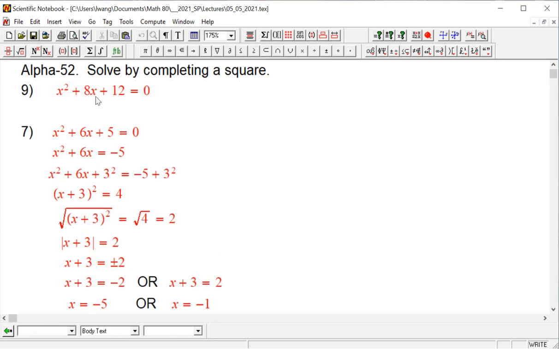You're going to choose a number to add on both sides after you subtract 12 on both sides. So first you subtract 12, you get -12. So what do you add over here?